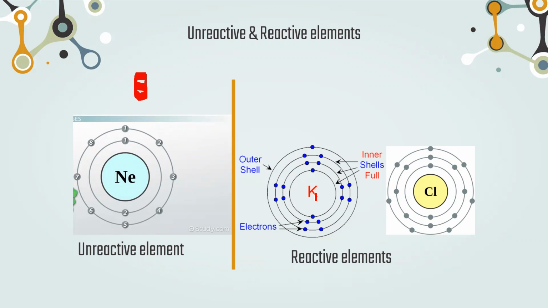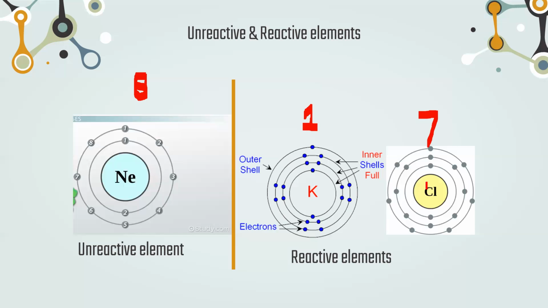Look at here, potassium and chlorine. Potassium has only one electron in its outermost shell, and it belongs to group 1. Chlorine belongs to group 7. The potassium atom has only one electron in its outermost shell, and chlorine has 7 electrons in its outermost shell.